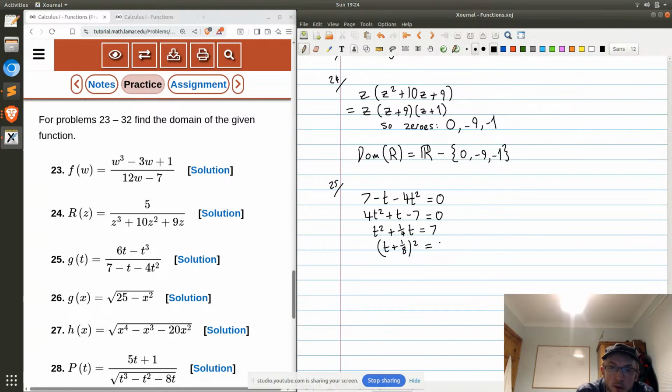So add 1 over 64 to 7. And then t is this right here. Seems a little bit large for that, but 448, 449, that's fine. So specifically, t is not allowed to be this.